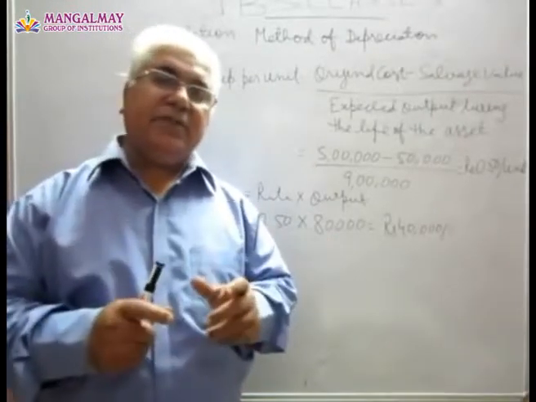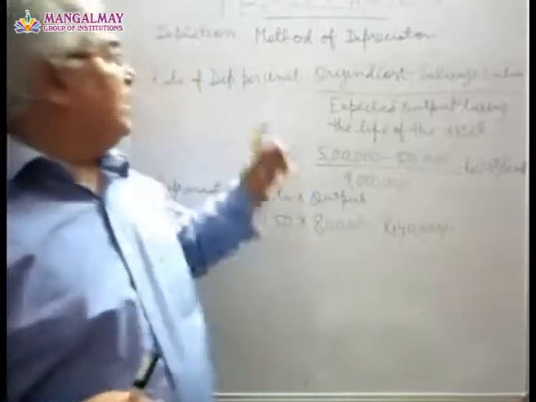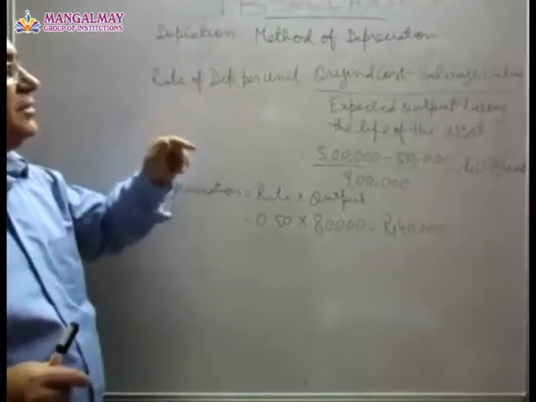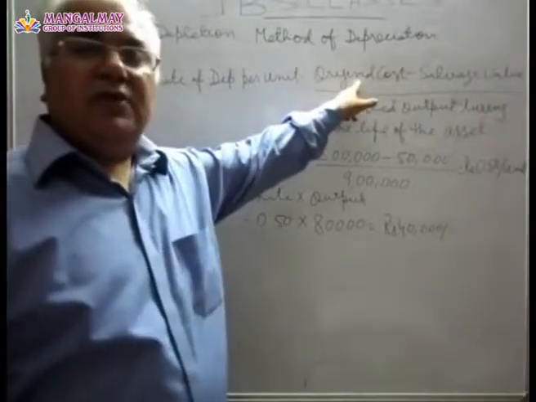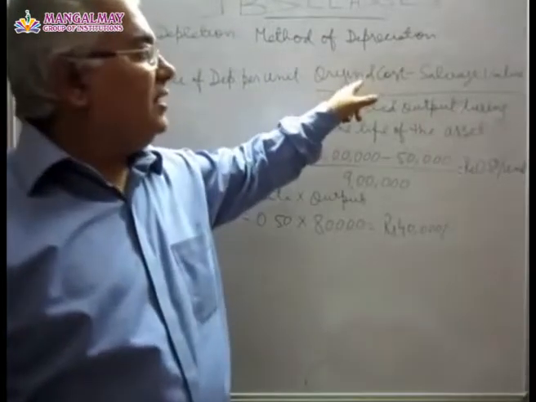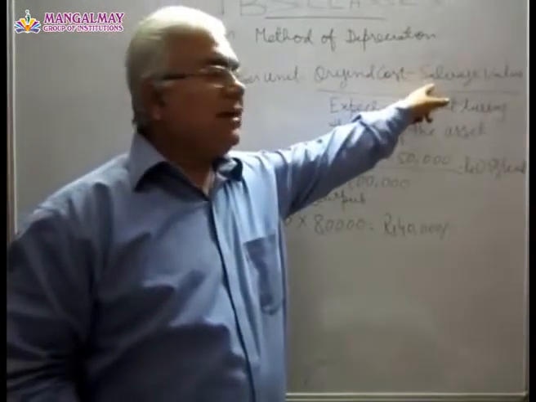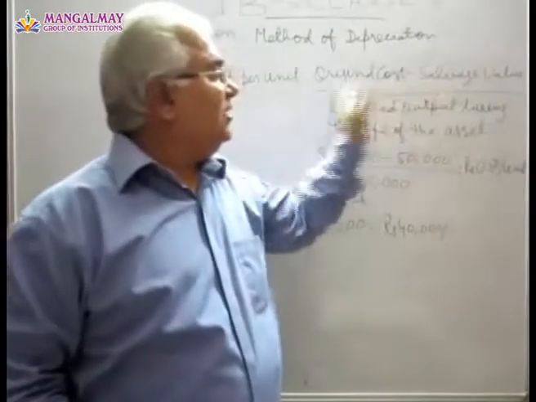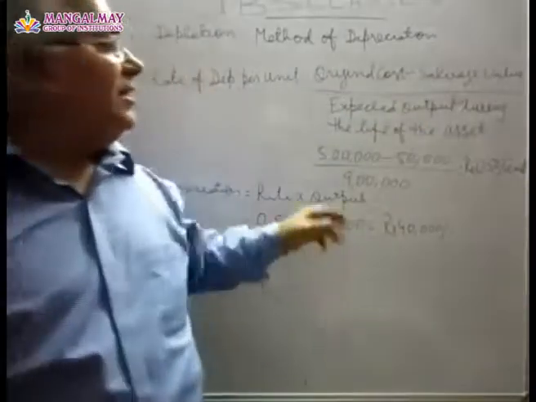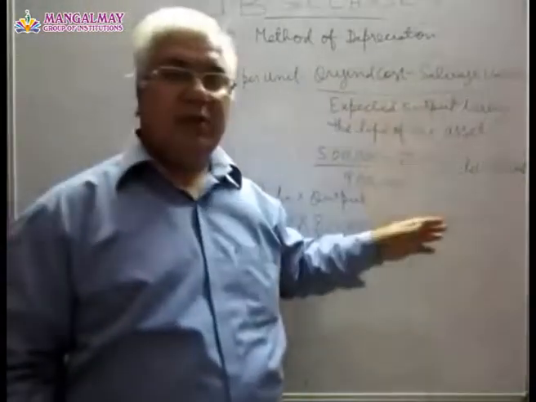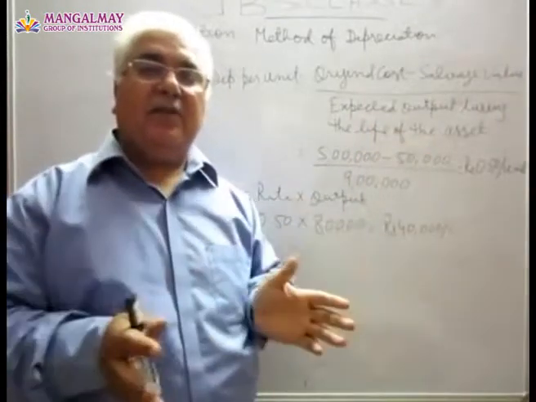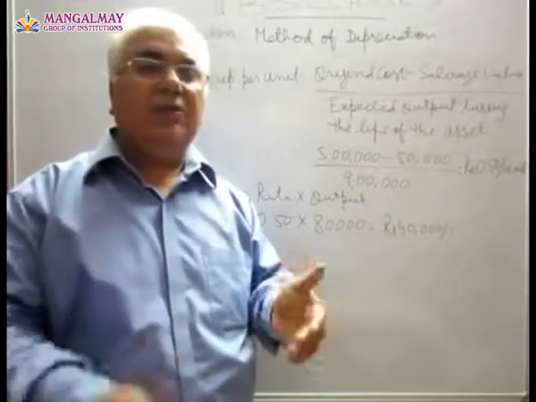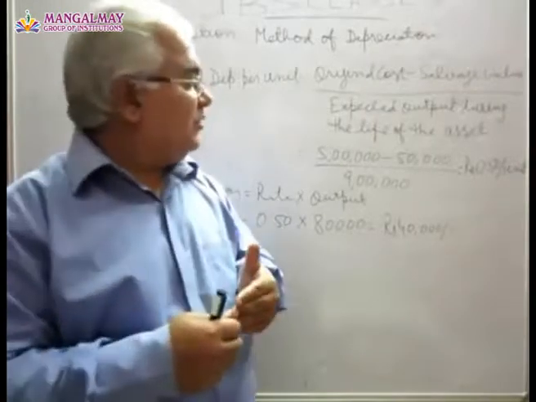So in such cases, the depreciation charged is calculated like this: the rate of depreciation per unit is the original cost of the asset which we have paid less expected salvage value. Now this amount is divided by expected output. Expected output means what we can expect to take out of the asset during its lifetime.